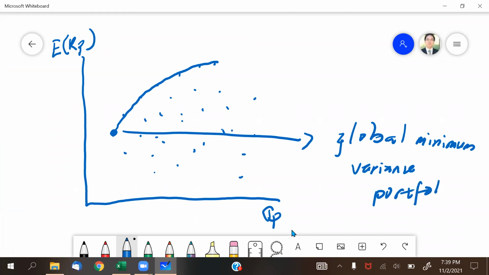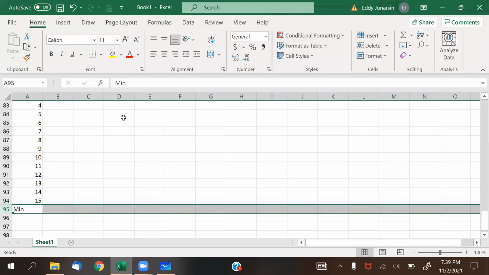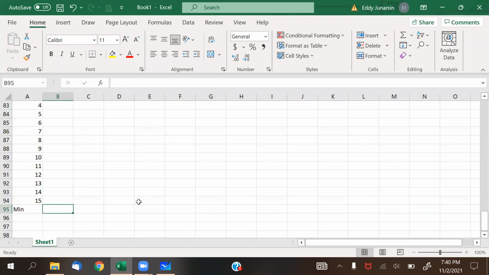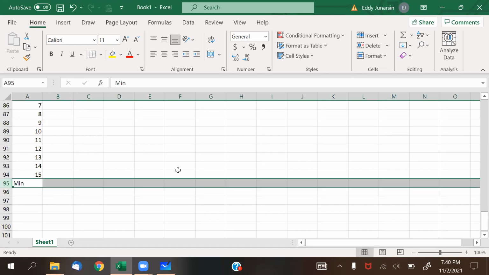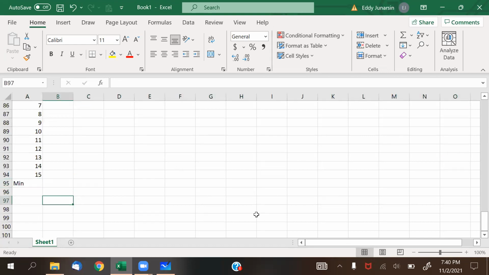So this is what we are looking for using the Excel Solver. To determine this one, the minimization process, we are going to use Solver, then we have to make the proportions. Okay, so I have stocks 1 to 10. I have 10 stocks.